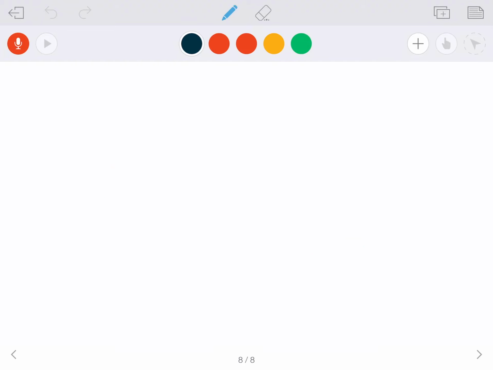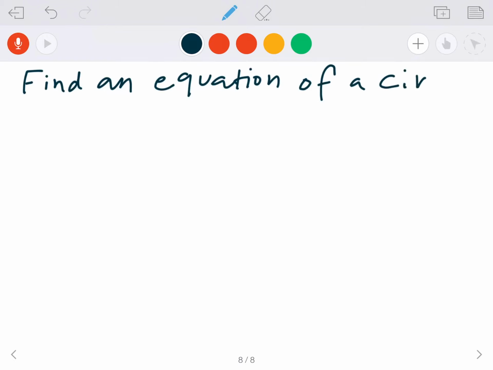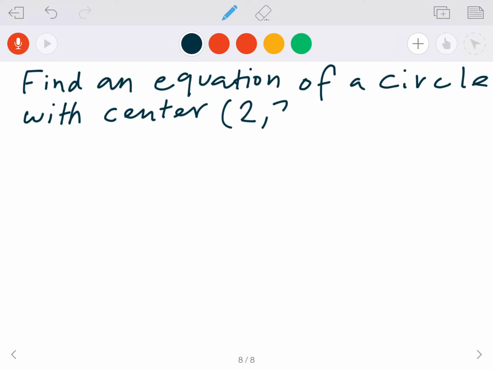Okay, so now using this, we can find the equation of a circle with center 2, 3 and radius r equal to 5.